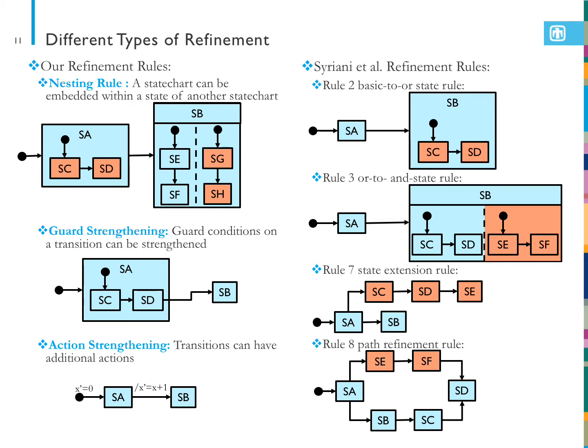Even though these rules preserve the state reachability given a provided input, they also allow for behavior in the refinement that may not be present in the abstraction. Now, these rules allow the construction of models that can potentially violate the preservation of safety properties, which are of interest to us.